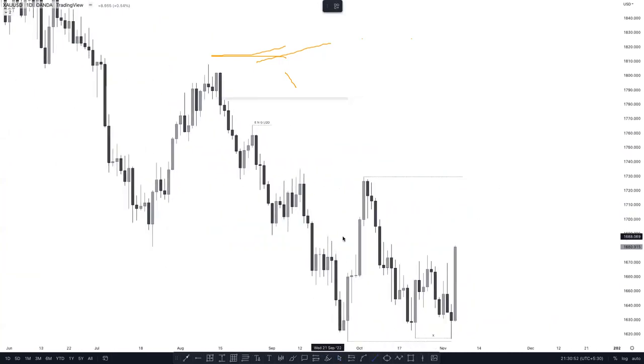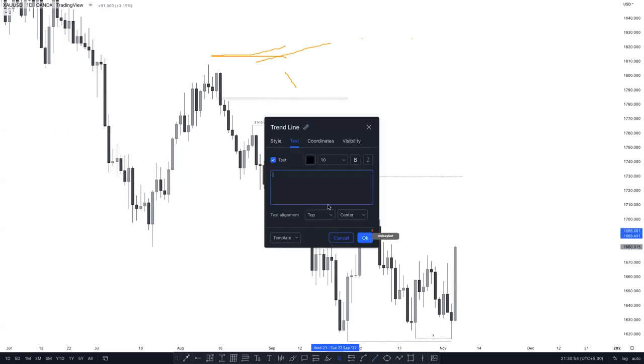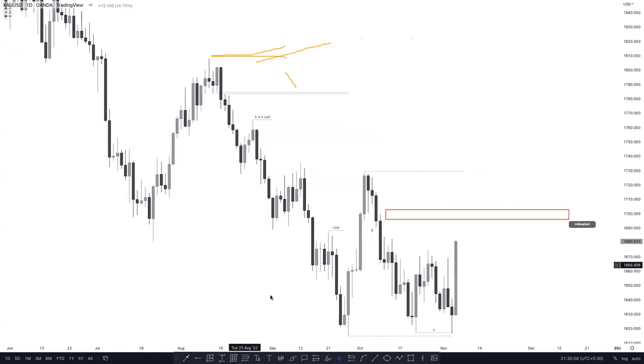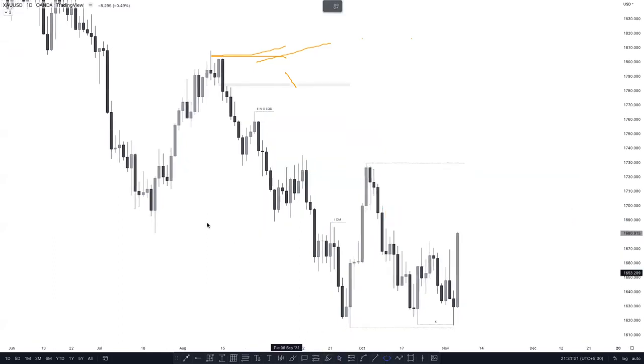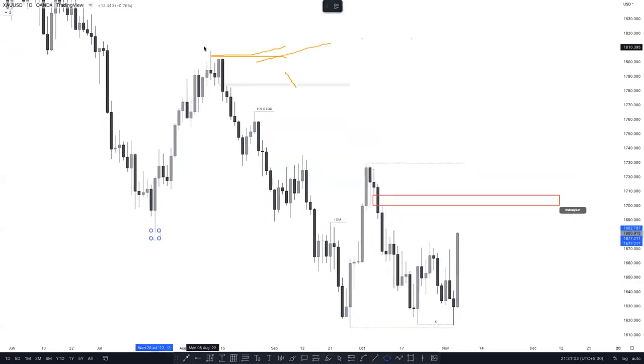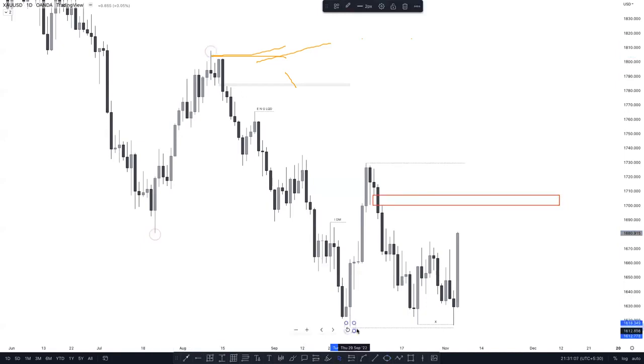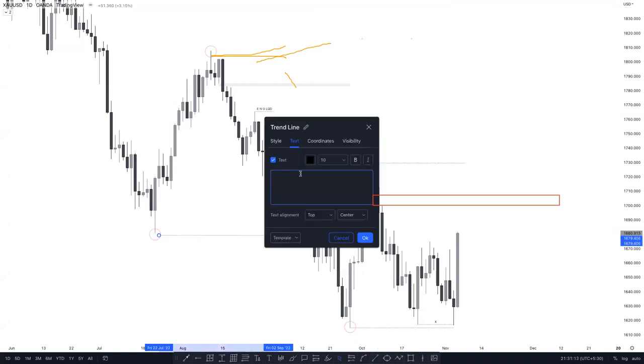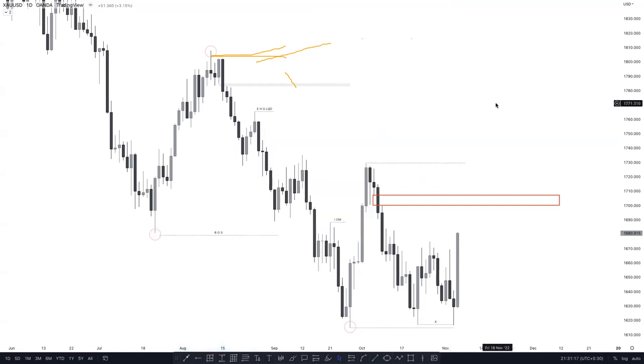And this becomes our inducement. And this is our lower low and lower high, lower low, correct. And this is our break of structure here. Okay, so finally this one is here.